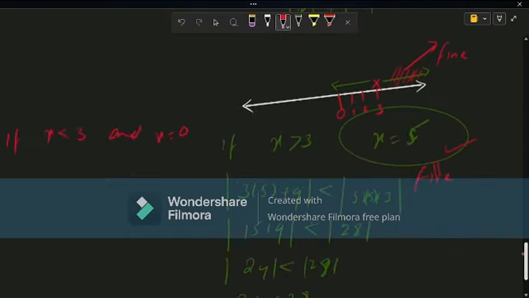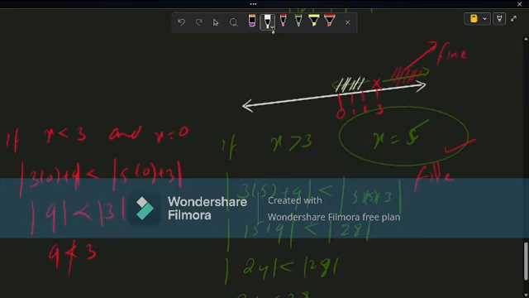So that gives me 3 times by 0 plus 9 mod is less than 5 times by 0 plus 3 mod. That gives me mod of 9 is less than mod of 3, and 9 is less than 3. Not fine. It does not work for me.